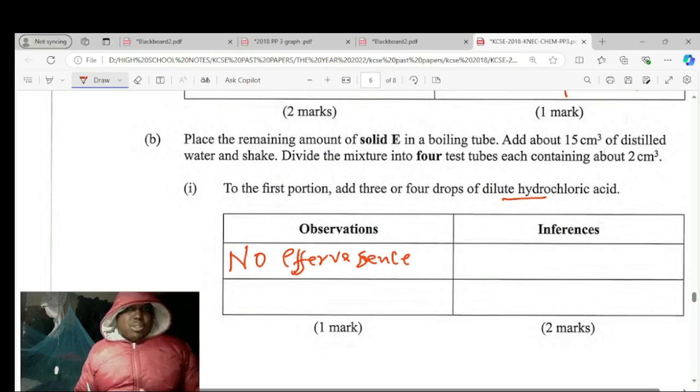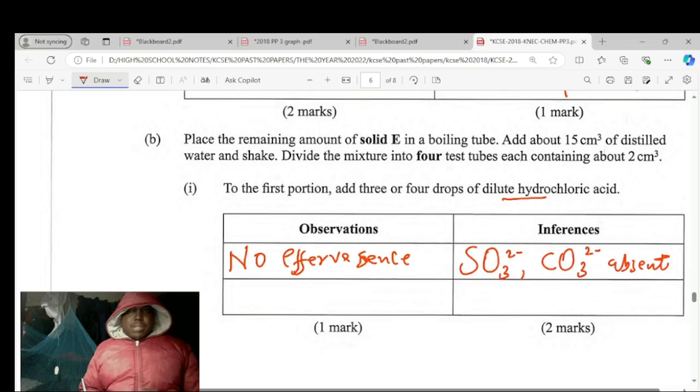If effervescence is not occurring, it means either the carbonate is not there, the sulfite is not there. Is absent.